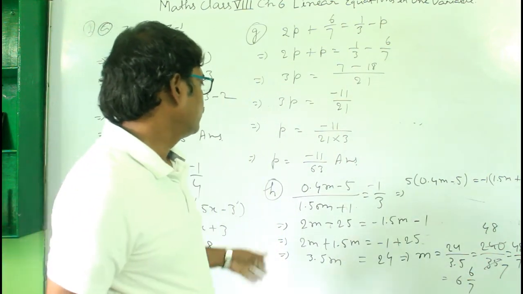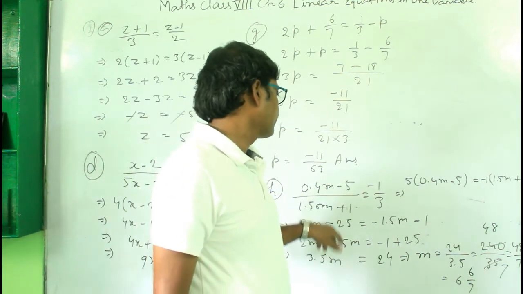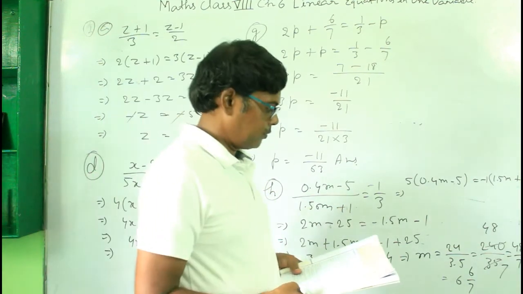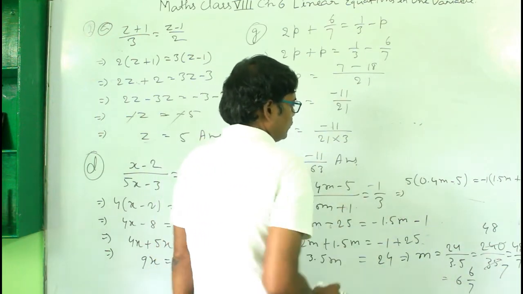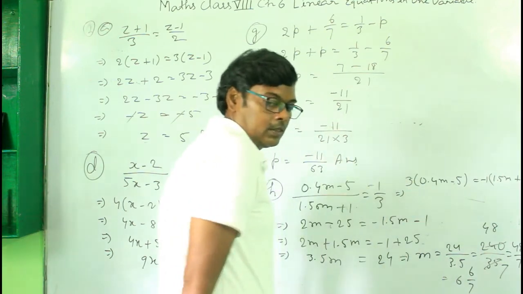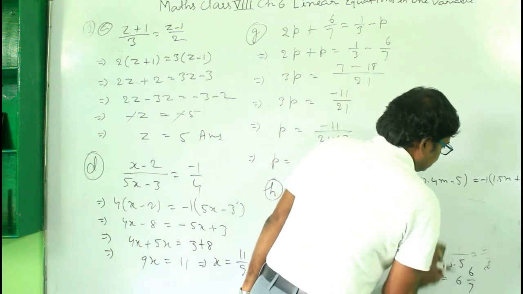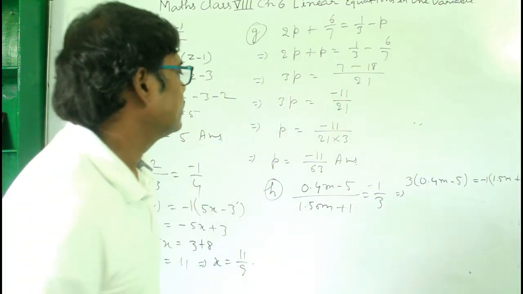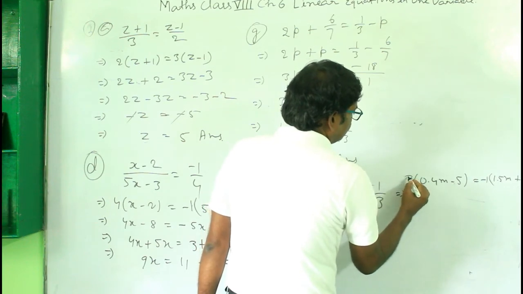Here I can explain again that first you will cross multiply, like 3 into this. Actually this is not correct, because it is 3 here, not 5. So I wrote 5, and this is wrong. This is 3 here. I am sorry for the mistake.